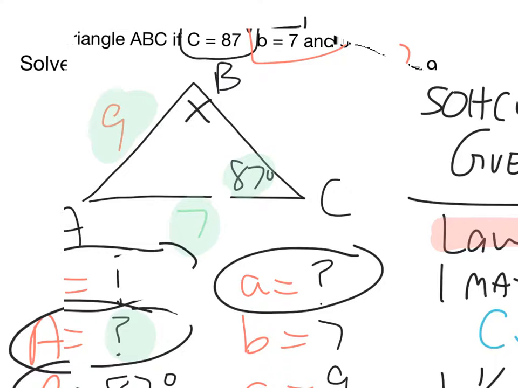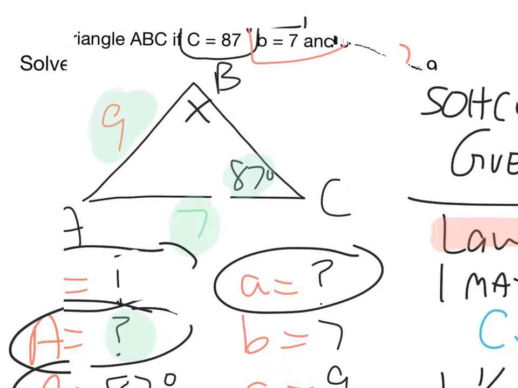So I'm going to write the sine of angle B over little b, that half matching set. And now for my matching set, angle C, I'm going to have the sine of angle C over little c. My advice when you do these questions is always put what you're solving for in that upper left-hand corner.